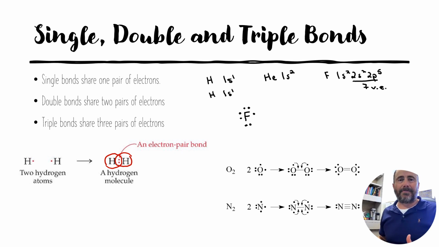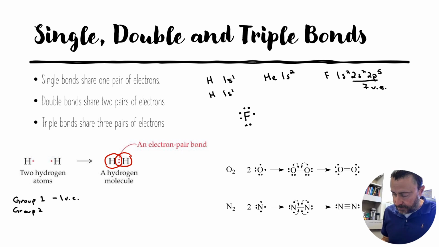For our main group elements, we can just count across our periodic table. Group 1 has 1 valence electron. This is going to come in handy later. Group 2, 2 valence electrons. We're going to jump all the way across to group 13. Group 13 has 3 valence electrons.